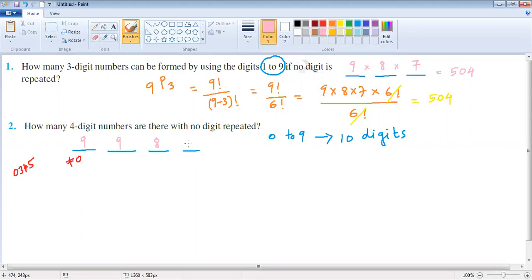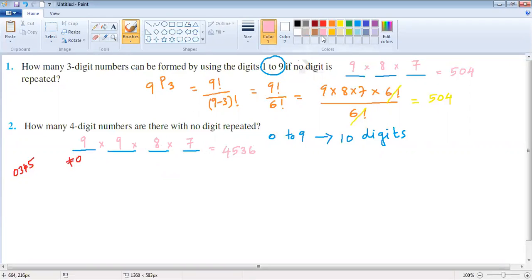Now the last position, out of 10 digits, 3 digits are used, remaining is only 7 possible ways. So the total number of 4-digit numbers is 9 into 9 into 8 into 7, which is 9 times 9, 81, into 8 into 7, which is 4536.